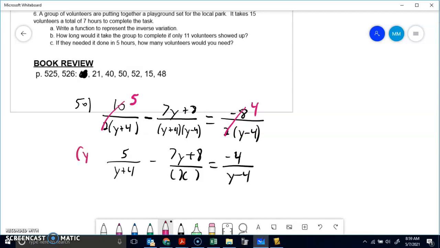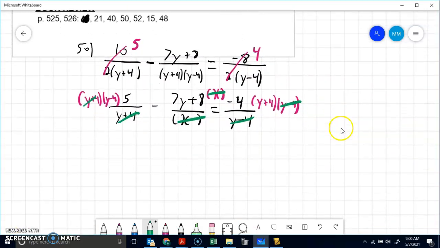So when I multiply by y plus 4 and y minus 4 on each one, then we see what cancels. The y plus 4's cancel, both cancel, y minus 4 cancels.